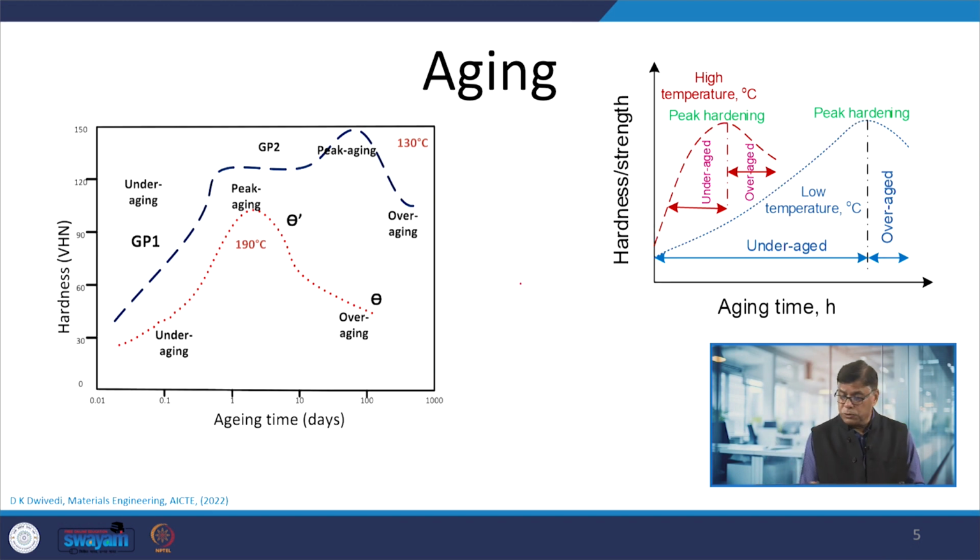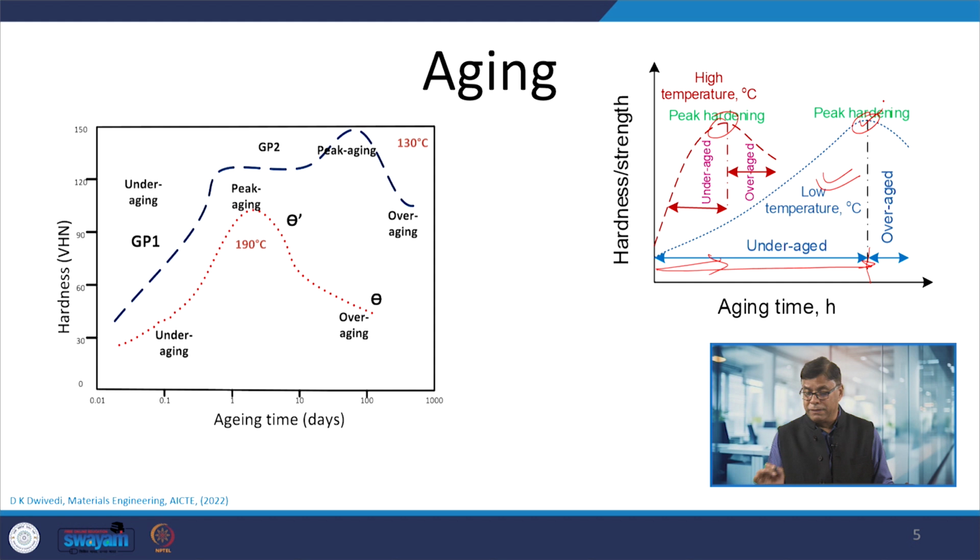This diagram shows two things. One is that the aging must be done for the optimum time depending upon the temperature. Okay. If we use low temperature for artificial aging, it takes long to get the maximum hardness and strength, while if high temperature is used for artificial aging, then it takes less time. Okay.